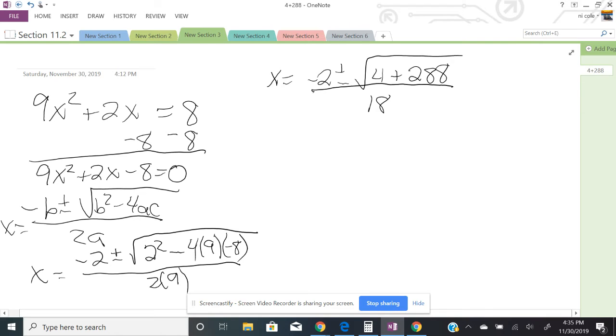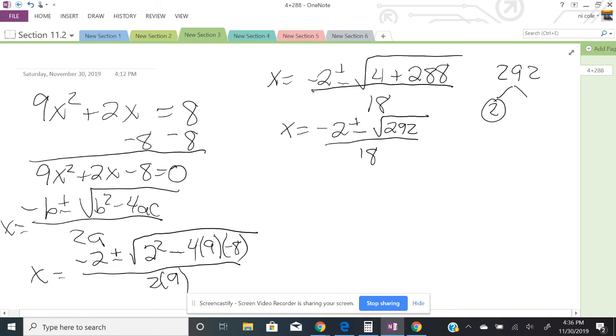So x is equal to negative 2 plus or minus the square root of 292, over 18. Now, I'm pretty sure 292 is not a perfect square, so let's factor tree that.